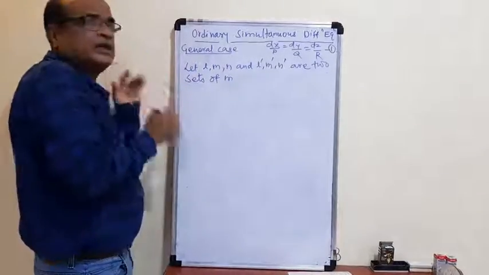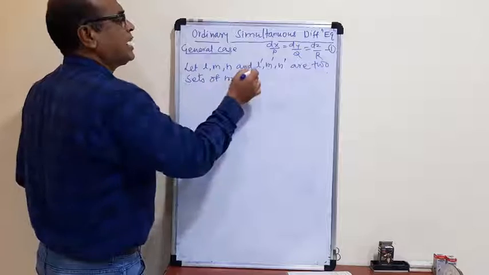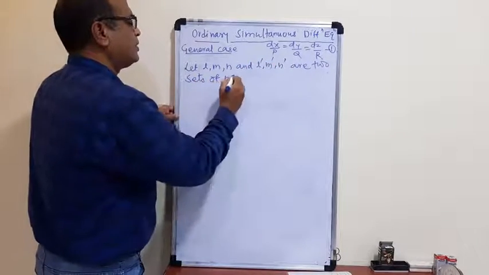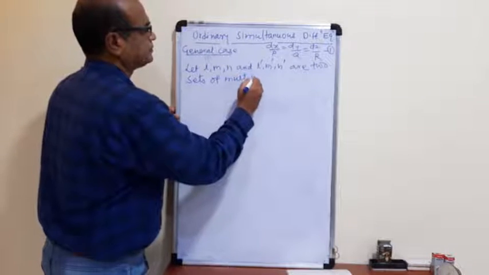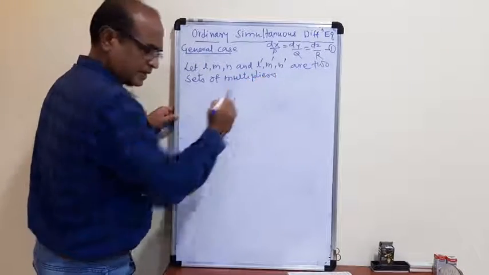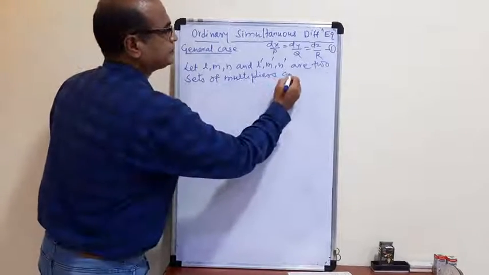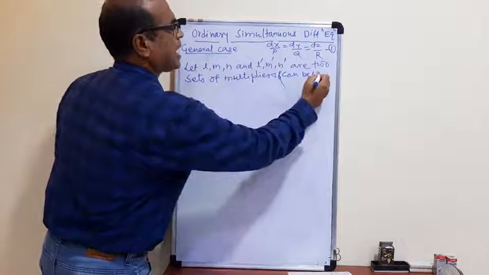This is the first set, this is the second set. So let L, M, N and L dash, M dash, N dash be two sets of multipliers, and it can be written as.